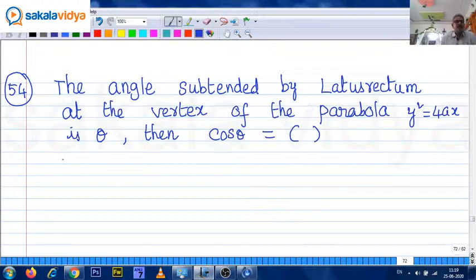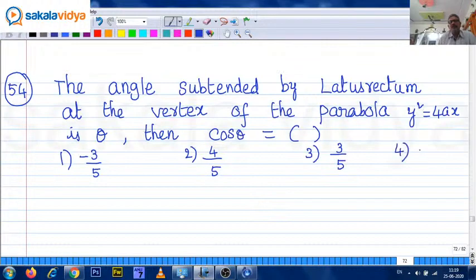So first option is minus 3 upon 5. Second option is 4 upon 5. Third option is 3 upon 5. Fourth option is minus 4 upon 5. This is the answer.